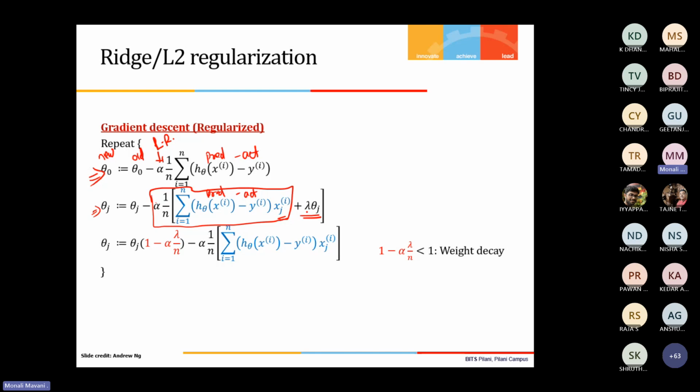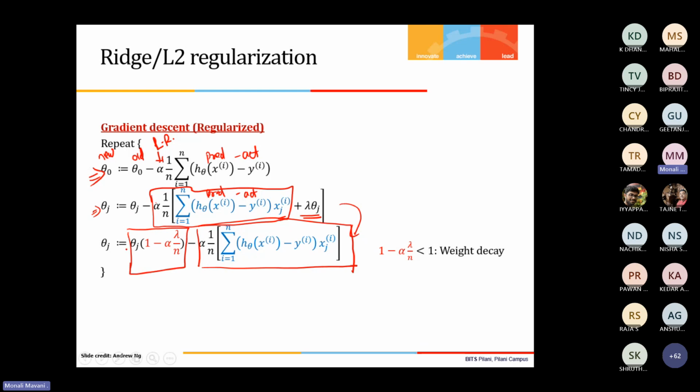Now, due to this regularization parameter, we are adding lambda theta j, but it is in the bracket. So we simply open this bracket and rearrange. When we rearrange, we have just two terms, the first term and the second term.